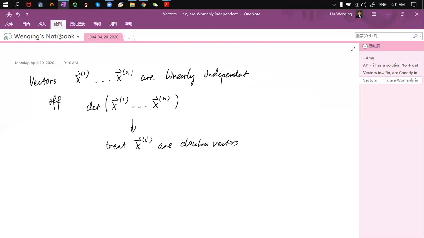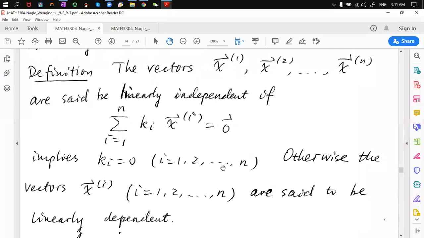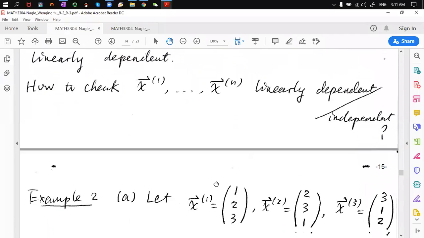So linear independence can be justified by the determinant being non-zero. This is very nice.